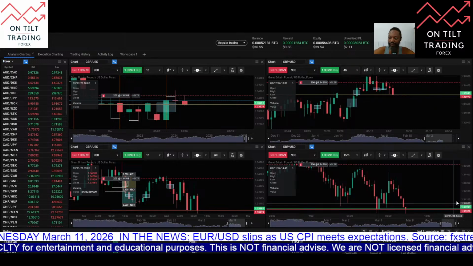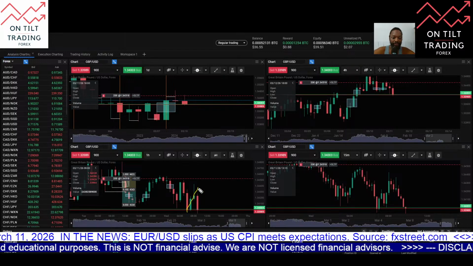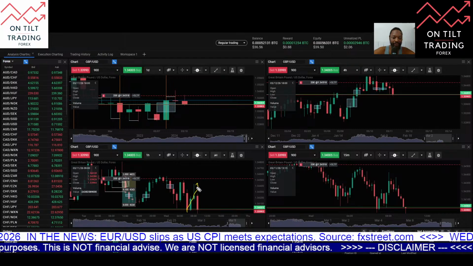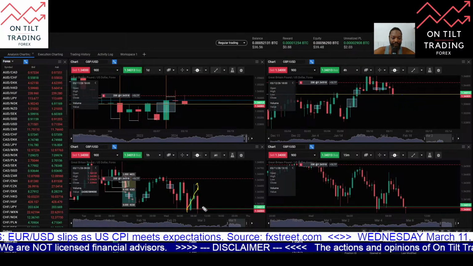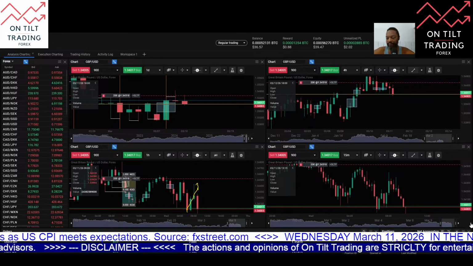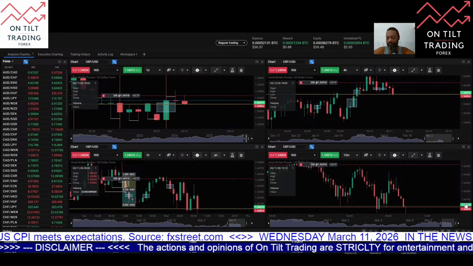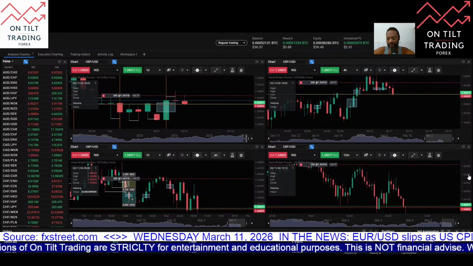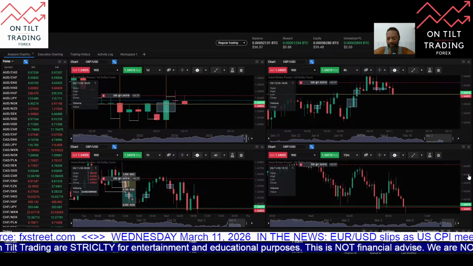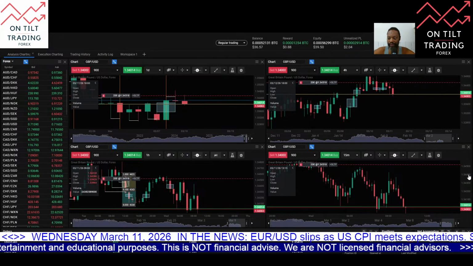And price just delivered here to the buy side here. So I would anticipate if price is going to pull back now, or this would be an odd place to pull back, even though it just reached that liquidity level. So price can most certainly deliver back to the buy side here.